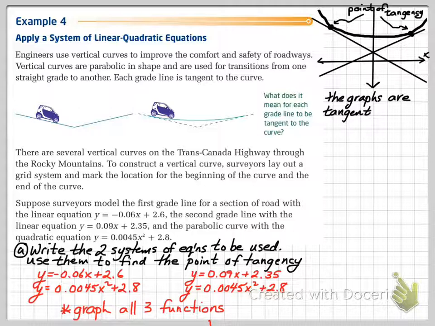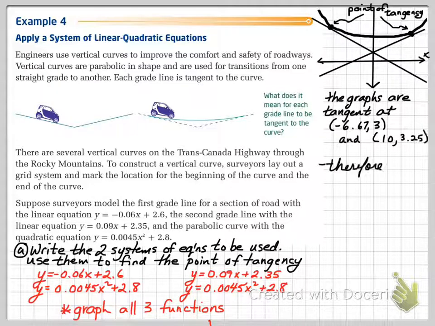And what you're going to do is you're going to get a picture, if you set your windows properly, that looks something like what we have in the top right hand corner. We have a point of tangency, and that is going to be where the line will meet the curve. So we have to find two intersection points.